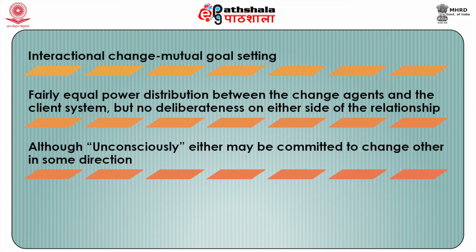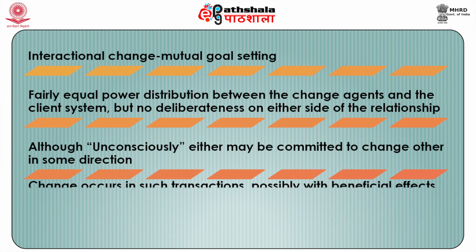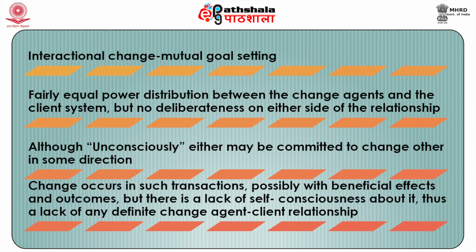Although unconsciously either may be committed to change the other in some direction, such changes can be observed among good friends who help each other, married couples, and in various other non-deliberate transactions among people. Change occurs in such transactions, possibly with beneficial effects and outcomes, but there is a lack of self-consciousness about it, thus a lack of any definite change agent client relationship.